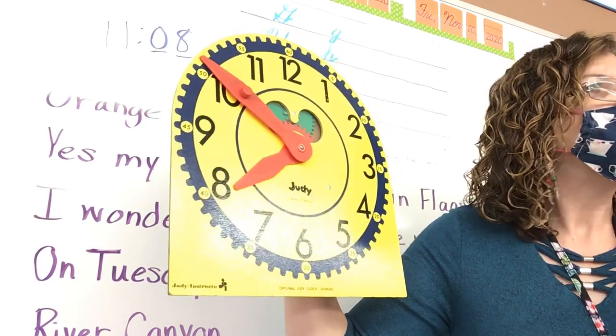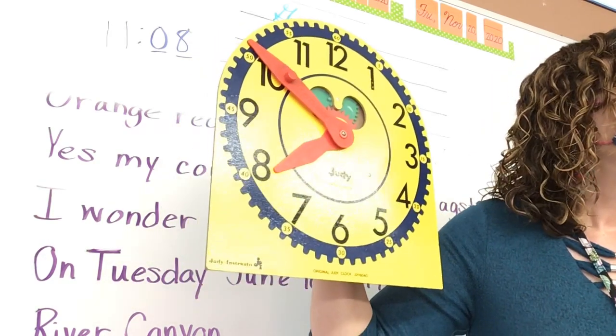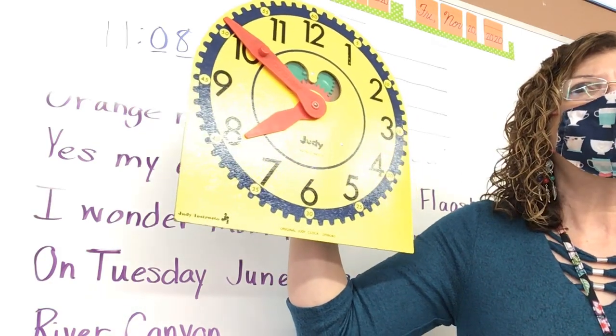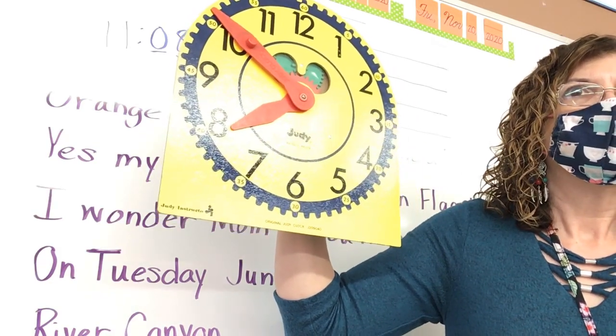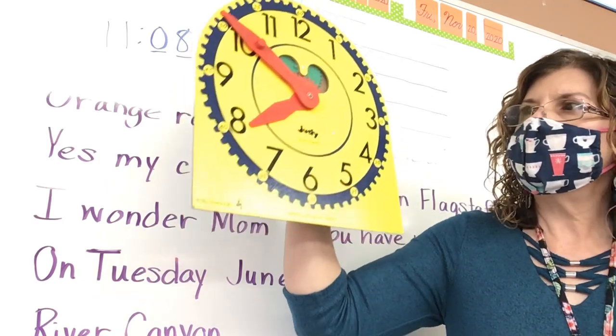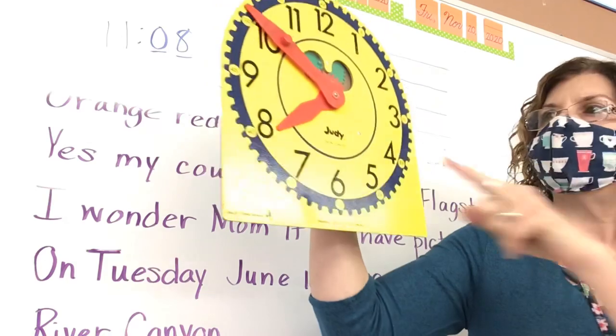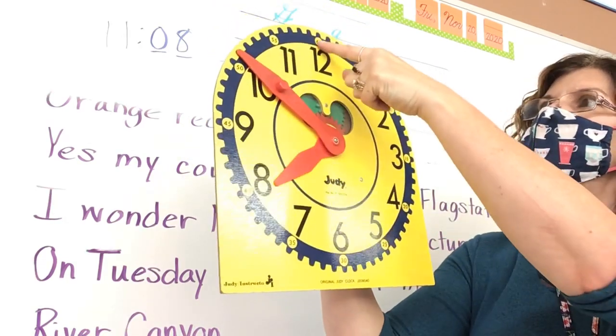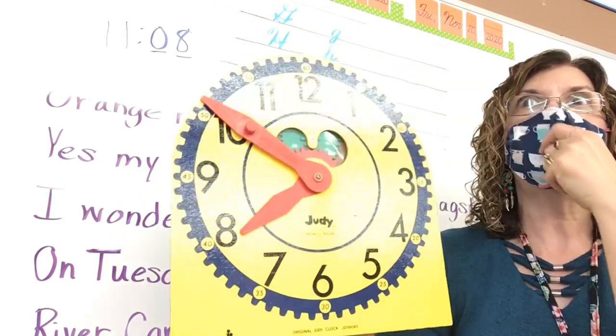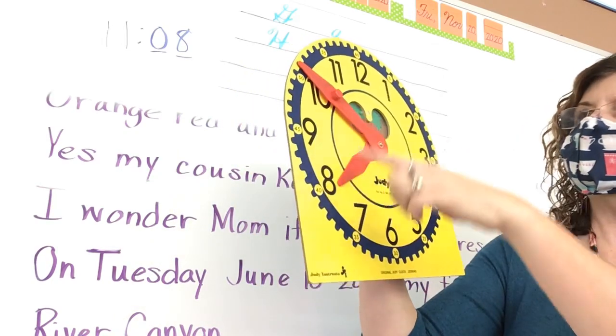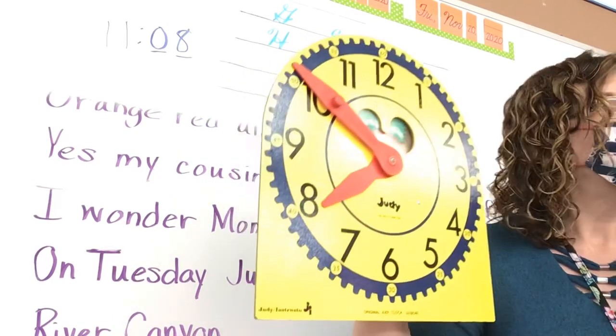Can you tell me what the hour hand is? Eyes on my clock, please. At 7? Yes, it is at the 7. Does it look like it's at the 8, everybody? Yes, it does. But it's not really, because we know it's not up to o'clock yet. So we know this is 7, so everybody put 7.